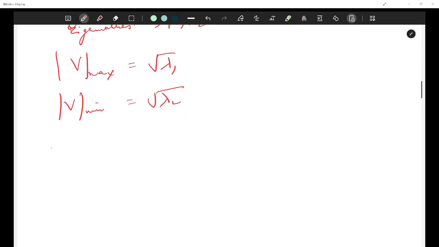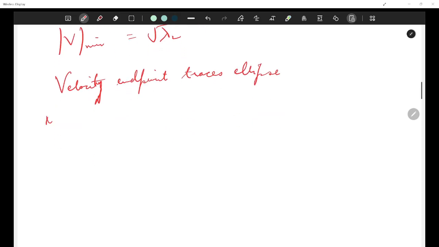What was the concept there? The concept was that the velocity endpoint traces an ellipse. The major axis is under root lambda 1 and the minor axis is under root lambda 2.